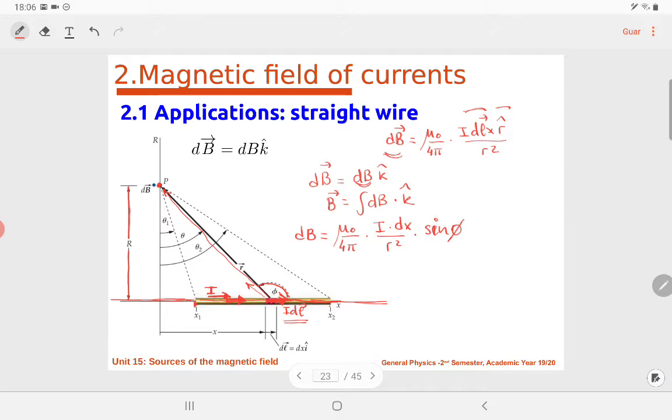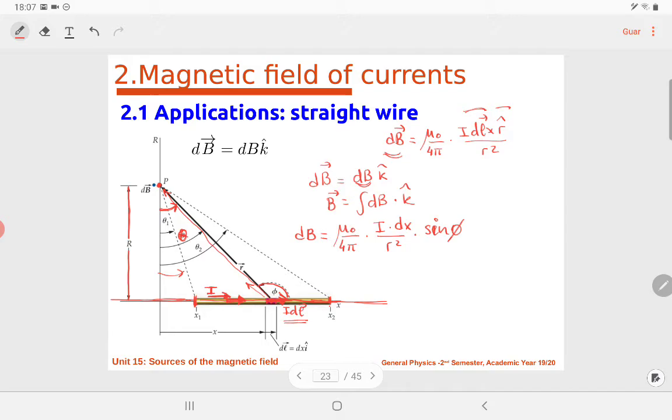So this integral is going to be more simple if you use the following. If we, instead of trying to integrate in x, integrate using this angle theta. Okay, we're going to use theta, and we're going to integrate from theta 1, that is consistent with x1, to theta 2, which is consistent with x2.